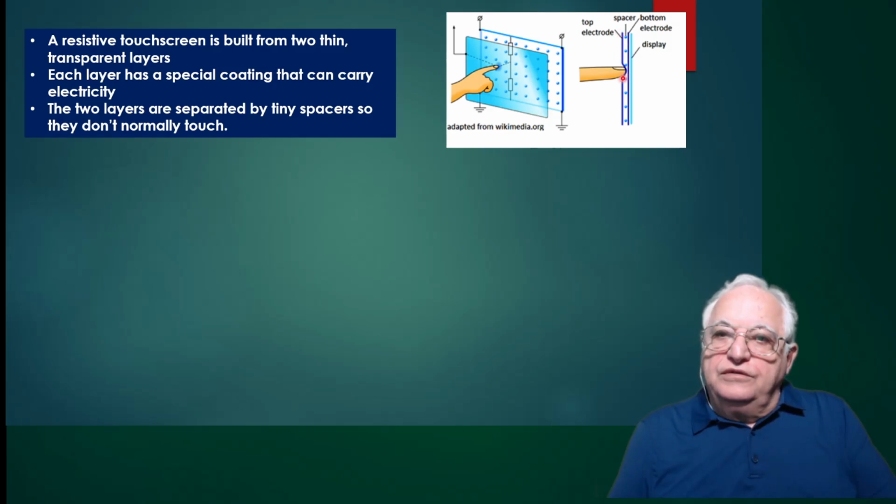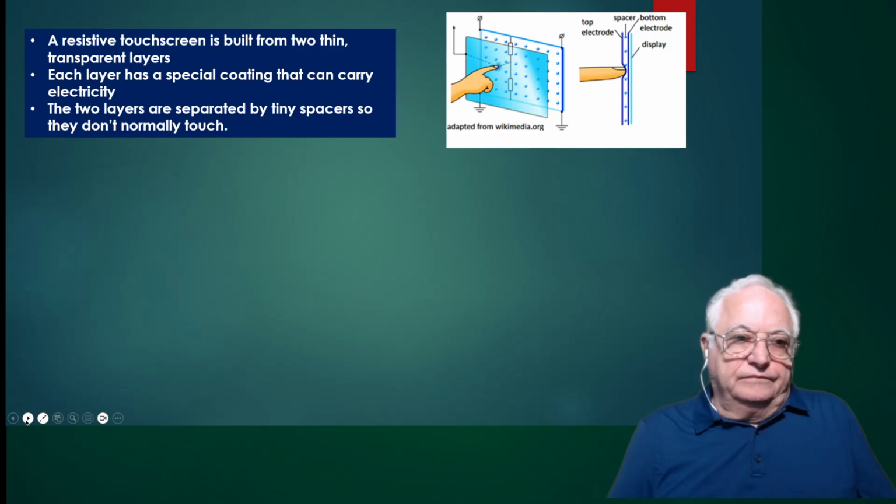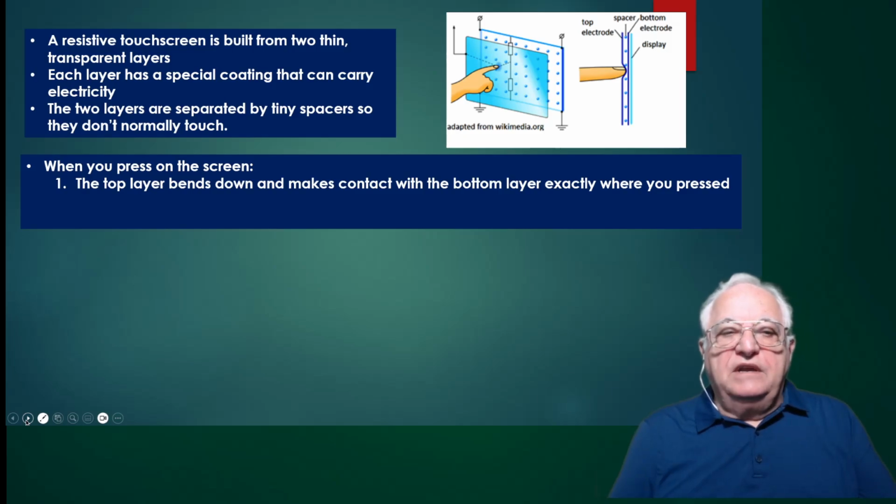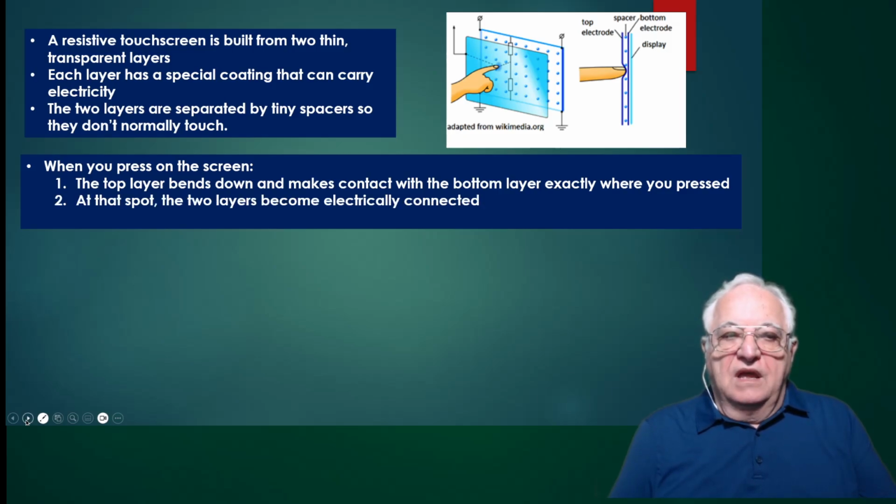So you have two thin layers that are transparent, and here you can see the spacers and the bottom layer, and then this is pasted into the actual TFT display. Now, when you press on the screen, the top layer bends down and makes contact with the bottom layer exactly where you press. And at that spot, the two layers become electrically connected.